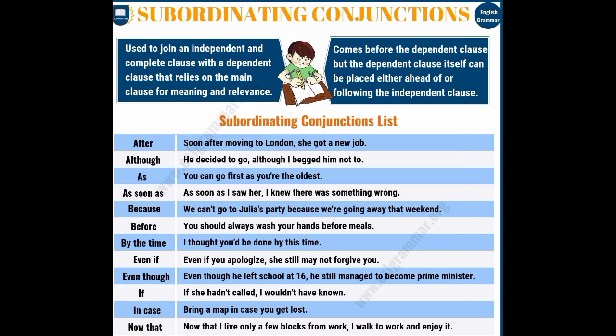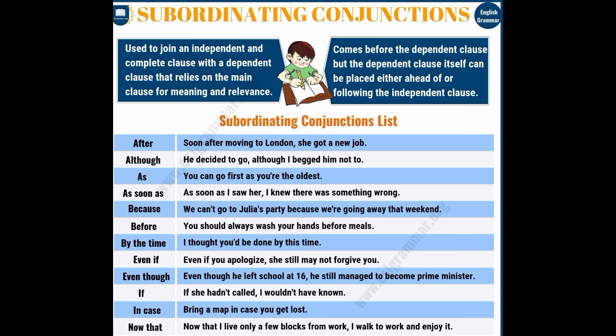So subordinating conjunctions sometimes come at the start also and in the between also. So what we have to understand is that if there is a need of a cause and effect relationship, then on that basis we have to see which conjunction we have to use.